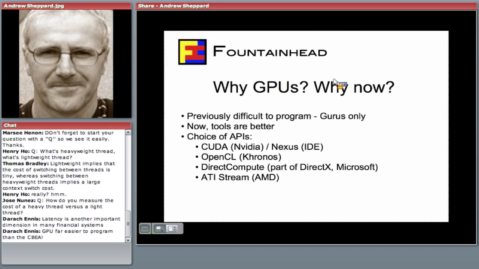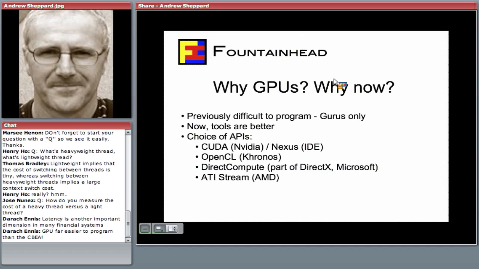At the moment, you have a choice of 4 APIs. CUDA, which is from NVIDIA, and OpenCL, which is from Khronos. That's a much more open group of industry participants. For example, Apple, I believe, is one of them. So it's a more open kind of API framework that includes CPUs and GPUs, and it's sponsored by many manufacturers.